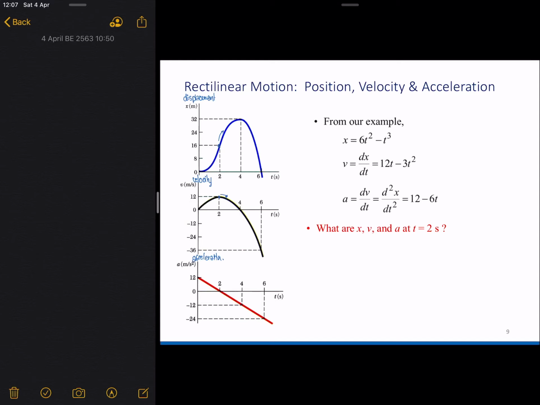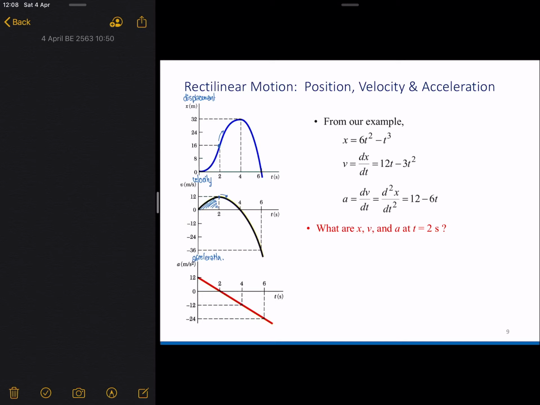Okay, and for example, if you integrate this area of acceleration from velocity here, you will get the 16 here. Okay, if you integrate velocity, you get the displacement. This is what I would like to say.